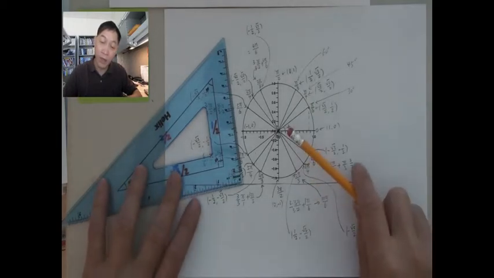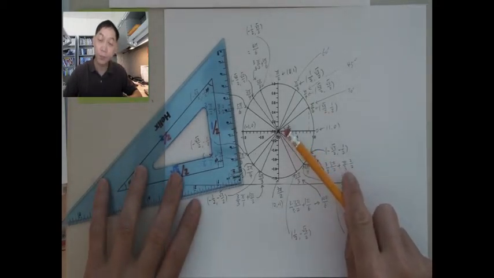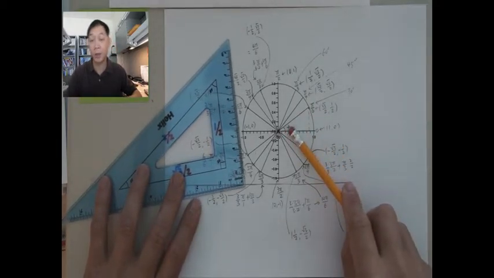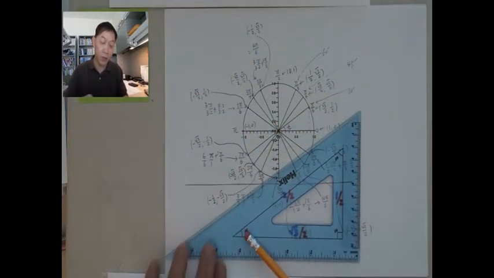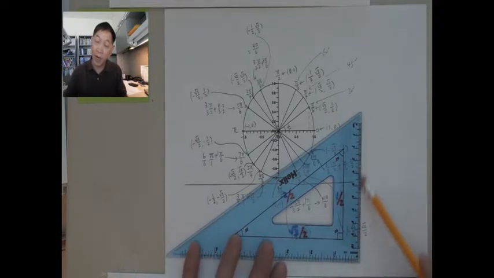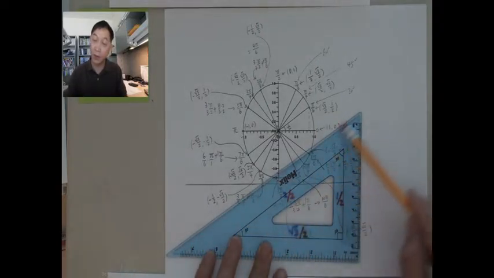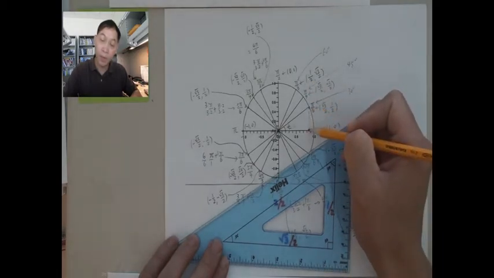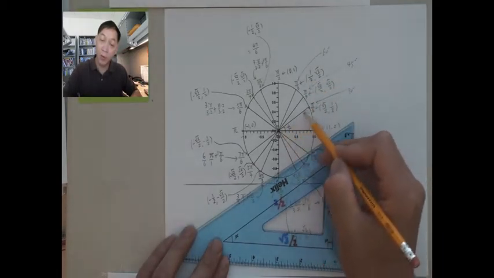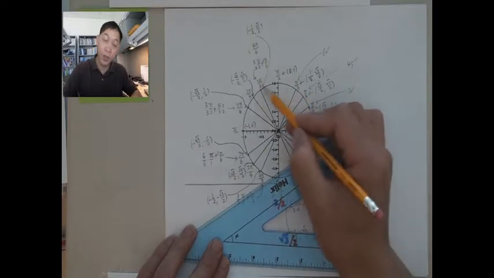Okay, look at this one. If t is 30, then it tells us here is 30 degrees. Then this leg is half of the hypotenuse. We know this is a unit circle.